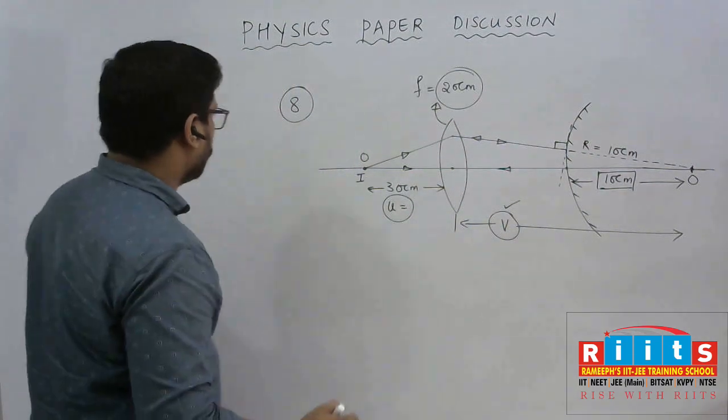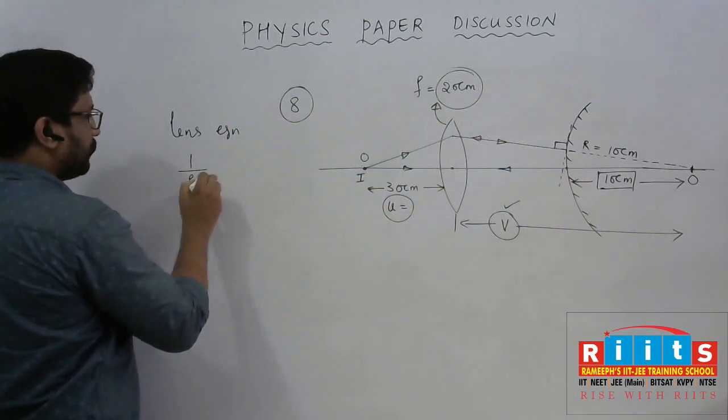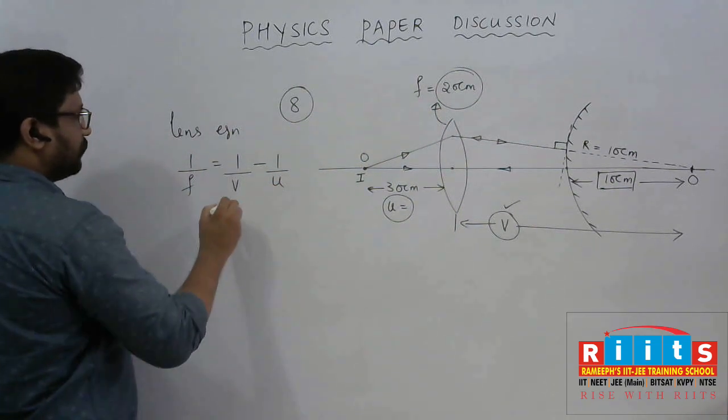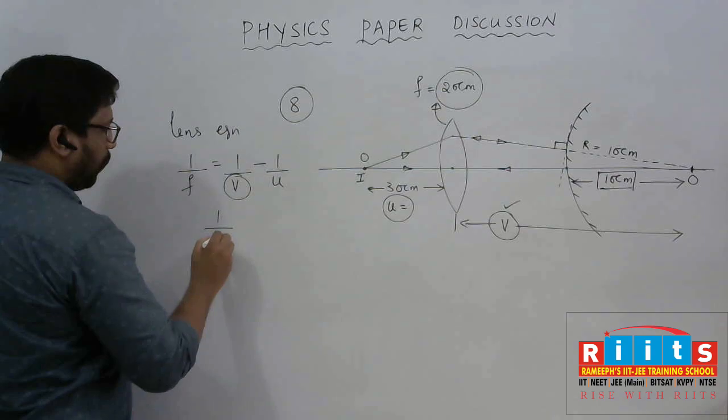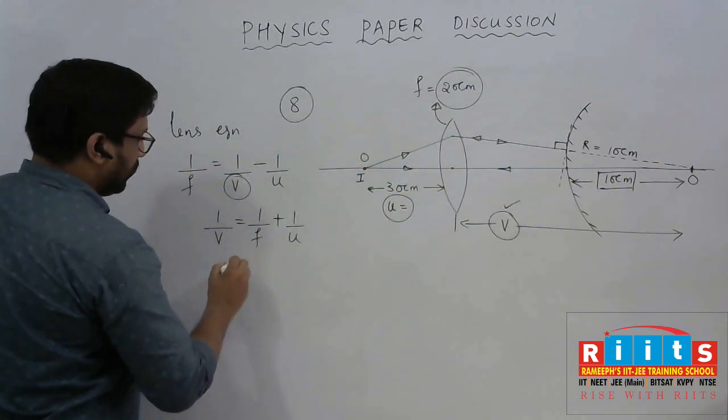What is the equation we are using? We can use the lens equation. 1 by f is equal to 1 by v minus 1 by u, and we want to find the value of v. 1 by v is 1 by f plus 1 by u.